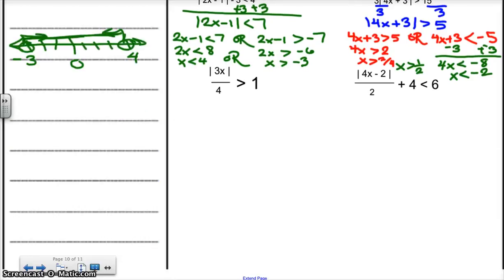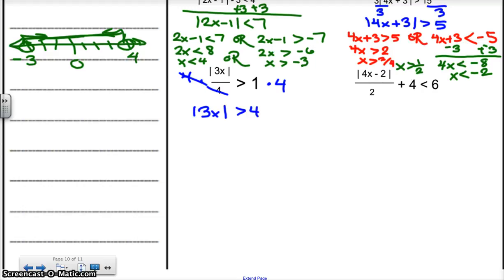All right, the absolute value sign is not by itself, so I need to get it by itself. To get it by itself, I'm going to multiply through by 4. It cancels that 4 out. I'm left with the absolute value of 3x is bigger than 4.